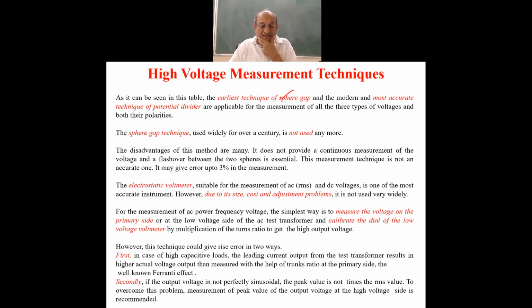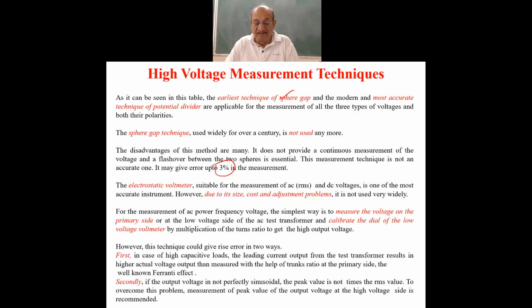Then we have the disadvantages we were talking about. I have mentioned inaccuracies of the order of 3%, and every time you have to produce a breakdown, which is not desirable for the measurement. I mean, breakdown you can observe, you can experiment by producing breakdown, but having breakdown produced every time for the measurement is not desirable.